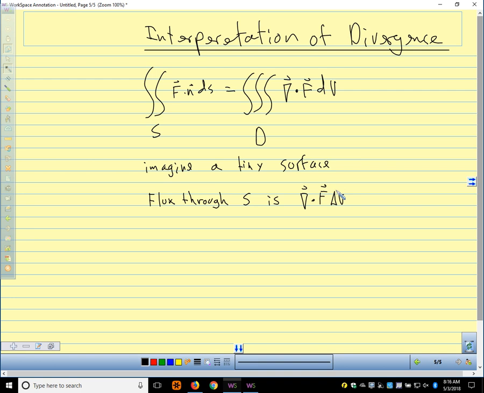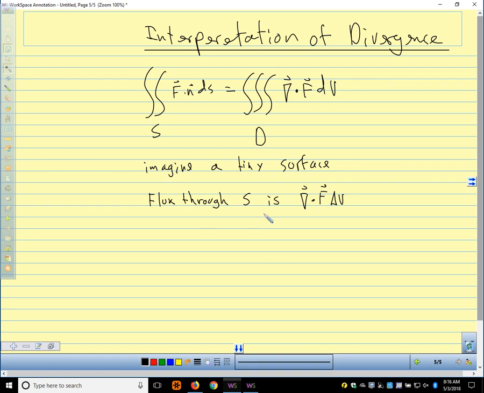So we're assuming that the surface is tiny enough that the field F is basically constant over that tiny surface. So this del dot F is a constant, and we're just multiplying by the volume here.